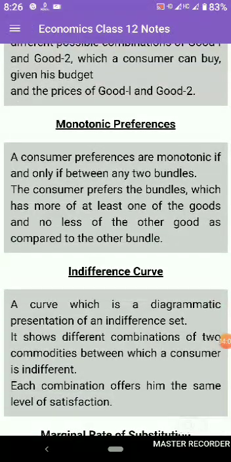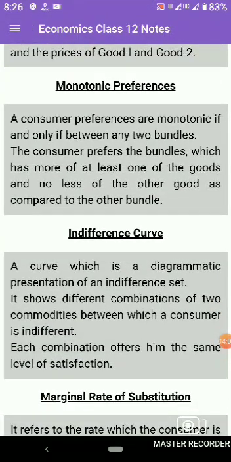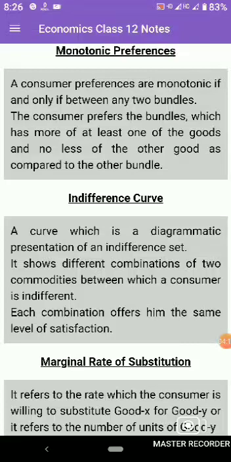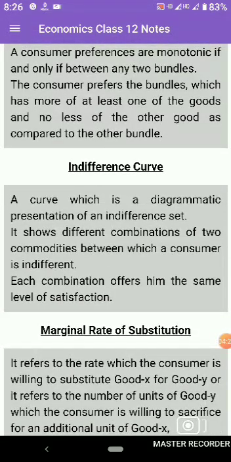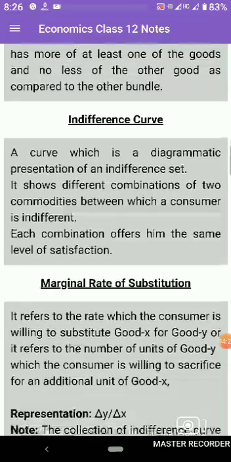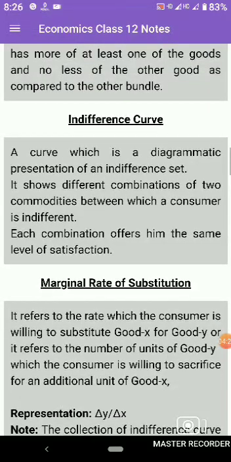Fifth point is indifference curve. A curve which is a diagrammatic representation of an indifference set. It shows different combinations of two commodities between which a consumer is indifferent. Each combination offers him the same level of satisfaction.